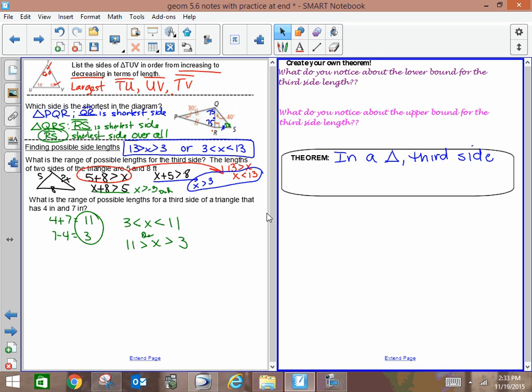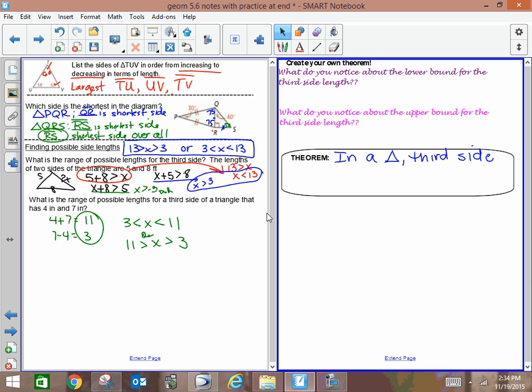Can we get it more compacted? Lauren? In a triangle, the third side has a range of the smaller side subtracted from the larger side, so the sum of the two given sides. Okay, that's basically saying the same thing. That's good. In a triangle, the third side has to be equal to the range of the sum and difference.